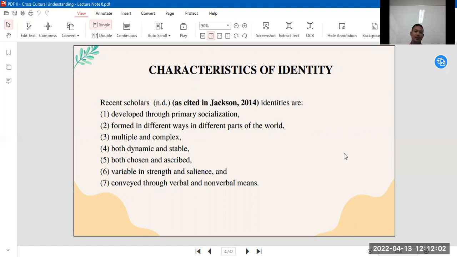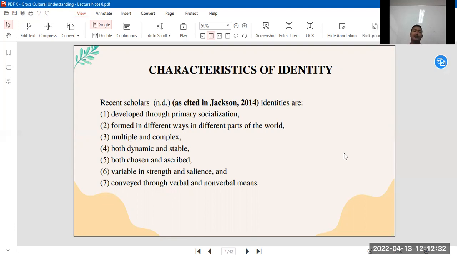The third, multiple and complex. Fourth, both dynamic and stable. Fifth, both chosen and ascribed. Sixth, variable in strength and salience. And seventh, conveyed through verbal and nonverbal means. Those are the characteristics of identity.